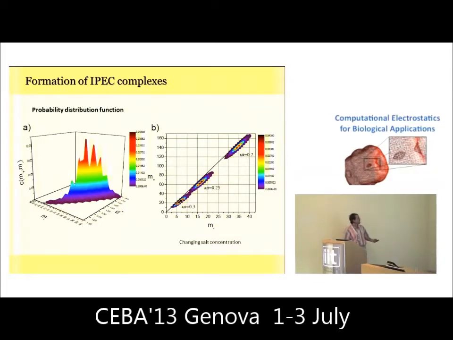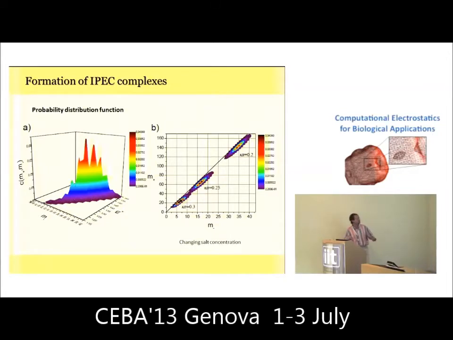For example, here M plus is the number of positively charged chains in the aggregate, and M minus is the number of negatively charged chains, and you see that they all lie close to the electroneutrality line, so they are slightly charged.